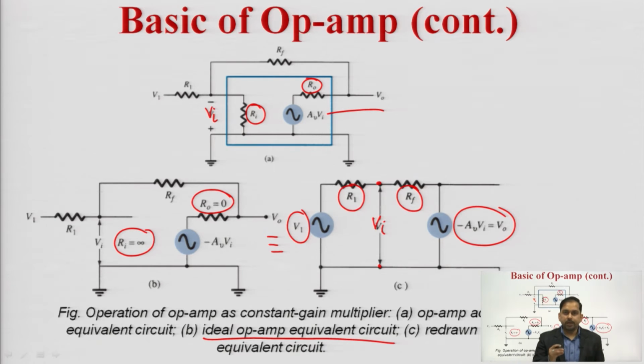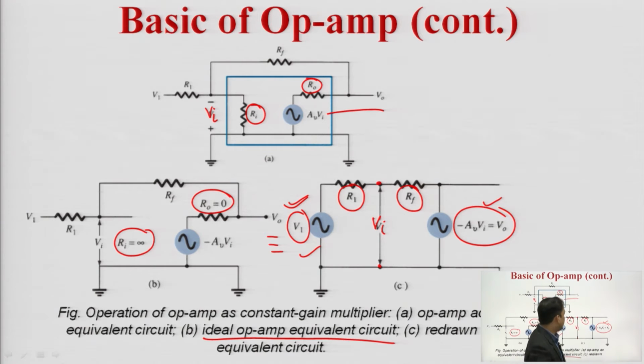Now we need to calculate the output voltage in terms of V1, the applied voltage. Here we can clearly see that there are two sources, although one is dependent, so we can use the superposition theorem. The superposition theorem says that if we have multiple sources, we can calculate the response due to individual sources, and if we finally club the responses, we have the overall response.